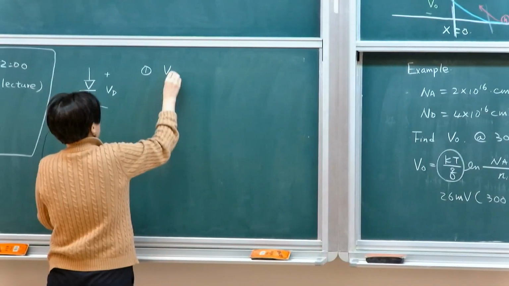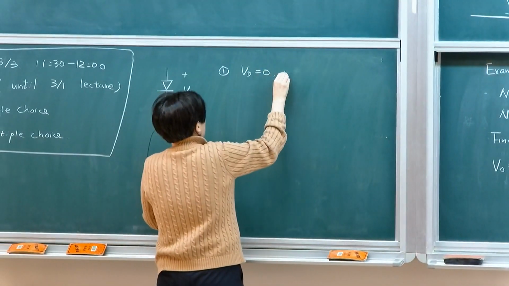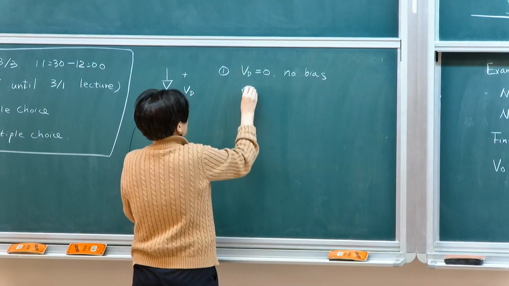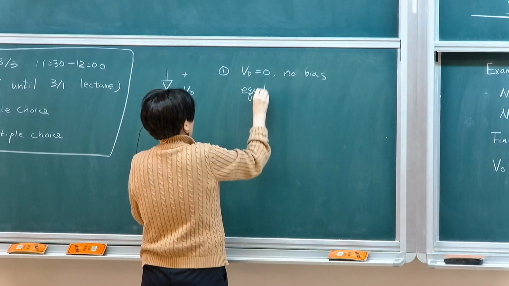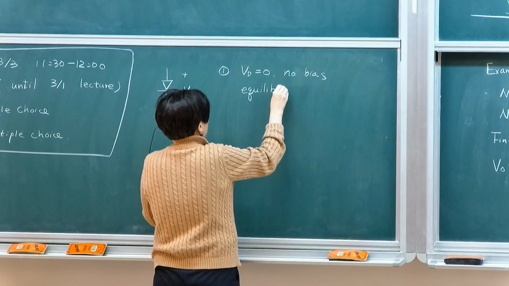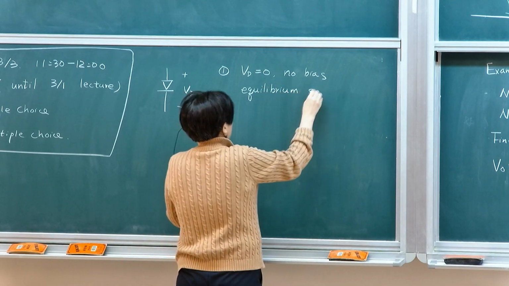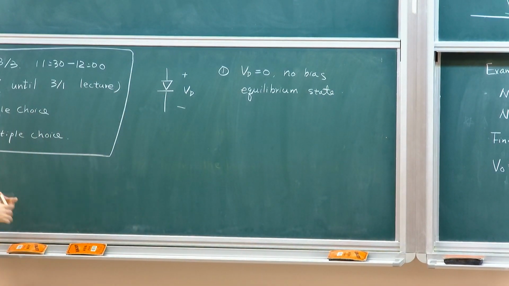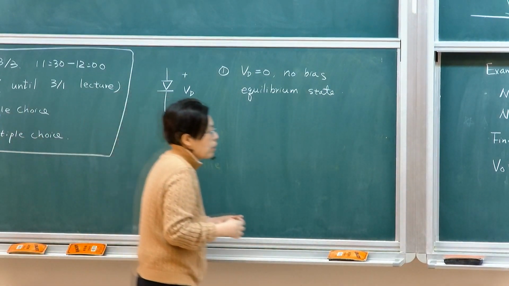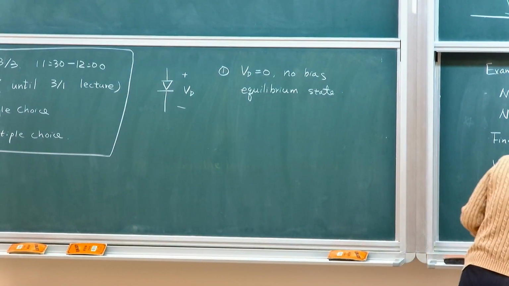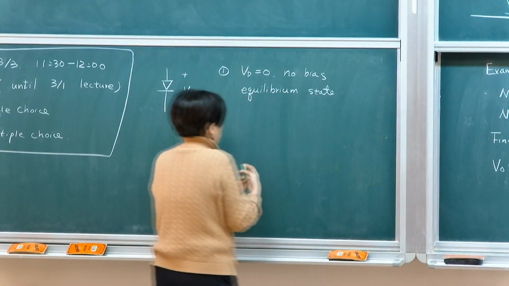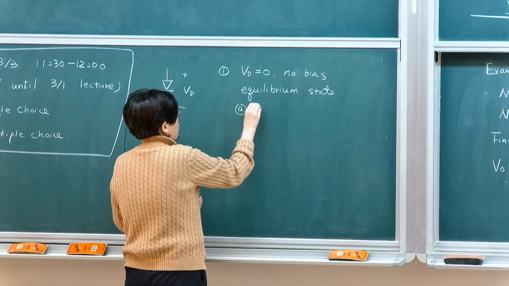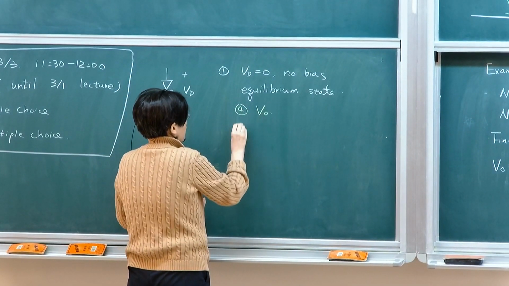One is VD equals 0, or no bias, at equilibrium, which we typically refer to as the equilibrium state. At the equilibrium state, what are the key parameters that you will typically be asked to know? The first one is the built-in potential.